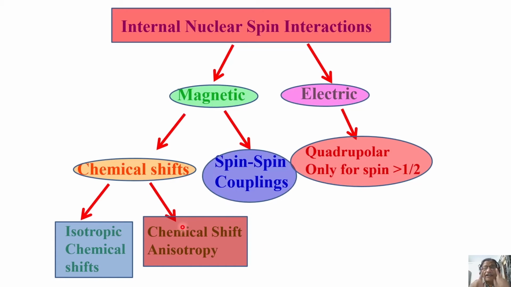That means the chemical shift has 2 parts, one is an isotropic part, the other is an anisotropic part. You understand? Remember, all parameters in NMR can be expressed as tensors. We can define them as tensors with a 3 by 3 matrix having 9 elements.